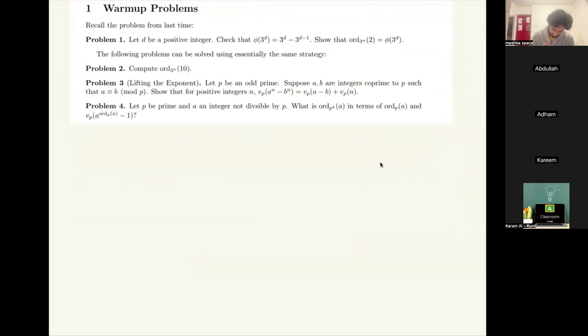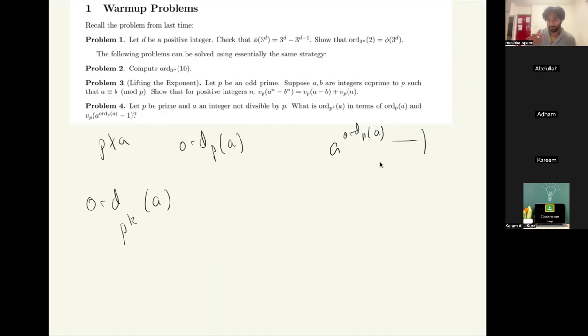So what is it we want to understand? We have P and we have A, where P is prime, and we know P does not divide A. And we want to understand the order of A, but this time mod P to the K. And we assume that we know the order of A mod P, and it turns out we need to know a little bit more than that, because we saw in the example of 10 that you need to not only know the order of A mod P, but also that when you take A to the power of that order, you get something that's 1 mod P, but you can also get some extra prime factors.